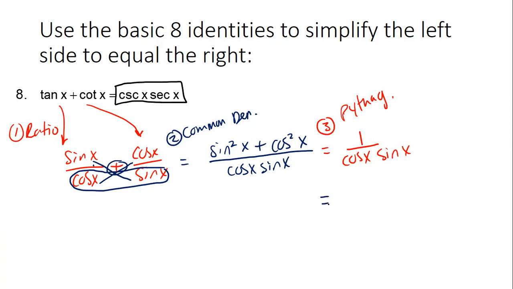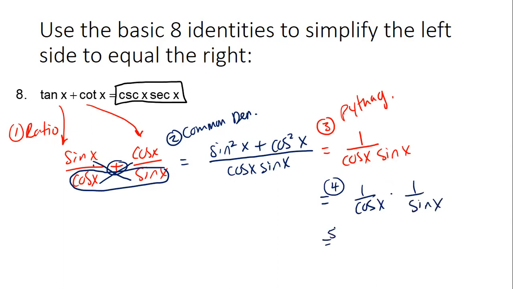What's going to be my fourth move? Fourth, I can separate these. So it becomes 1 over cosine times 1 over sine.